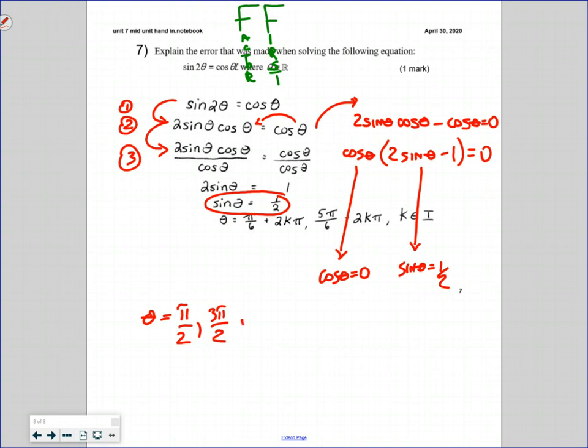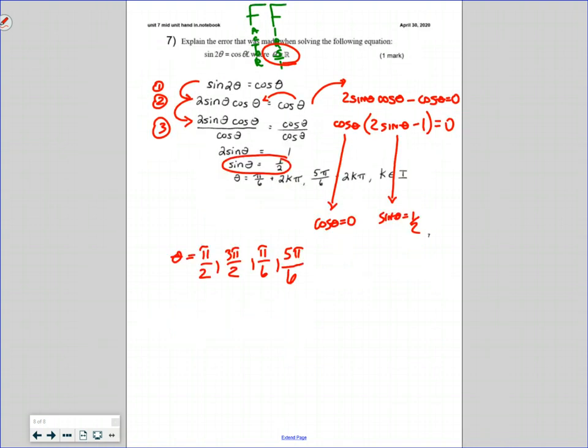And sine theta equals a half, that is in quadrants 1 and 2. That's at pi over 6, and in quadrant 2 at 5 pi over 6. And they're wanting, again, theta exists as a real number, so this is the general solution.